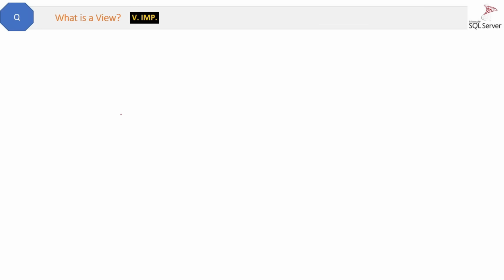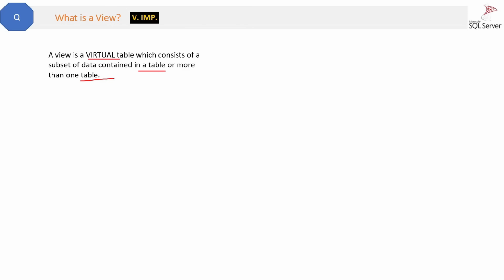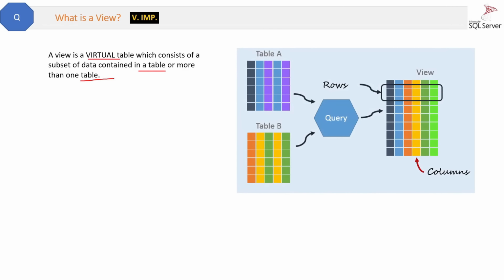What is a view? This is a very important question, and a view is a virtual table which consists of a subset of data contained in a table or more than one table. Let me show you the diagram here.